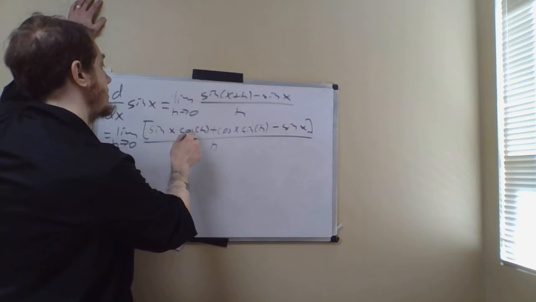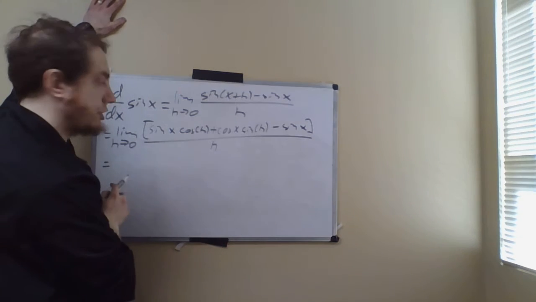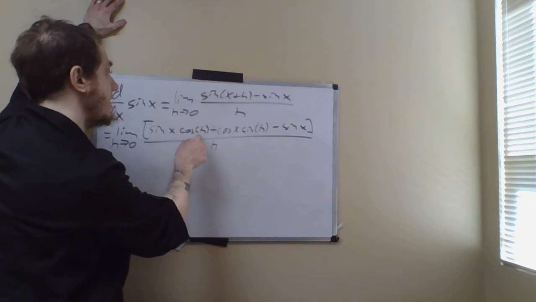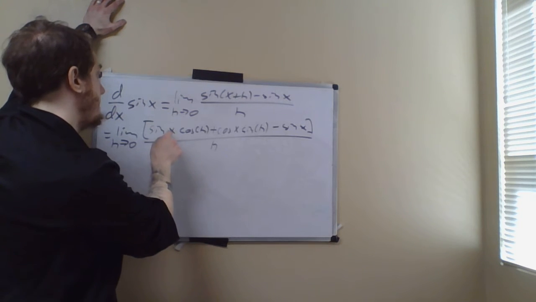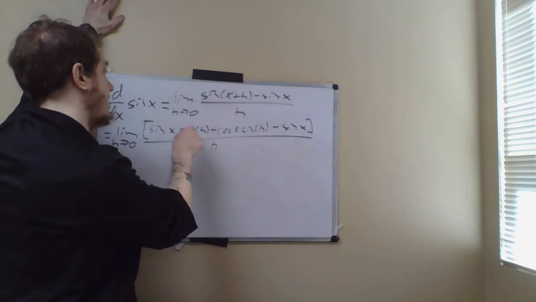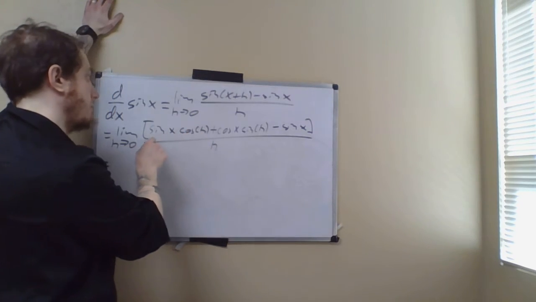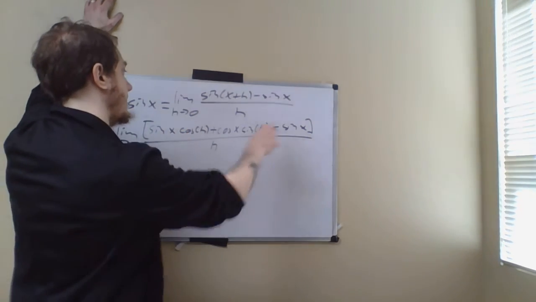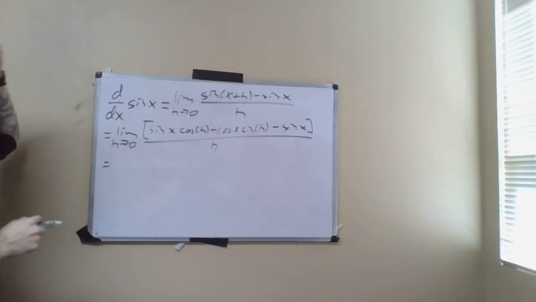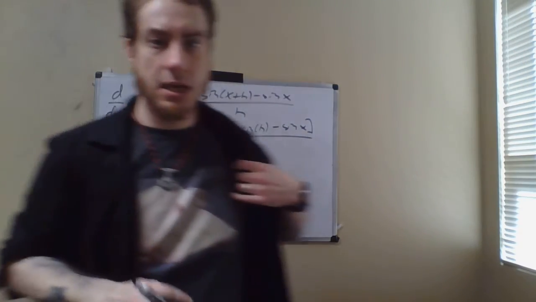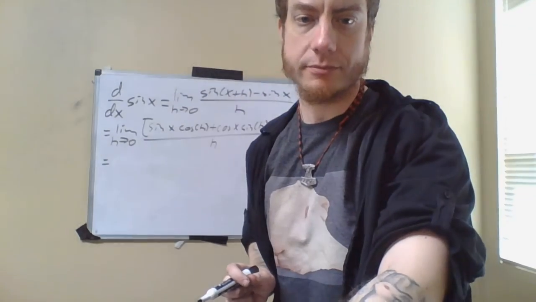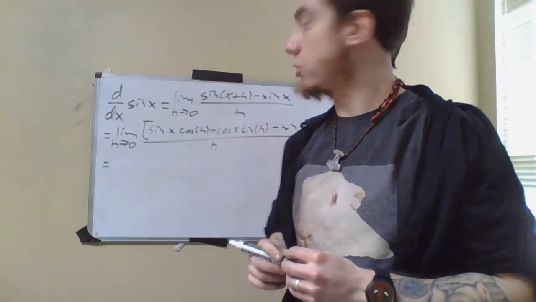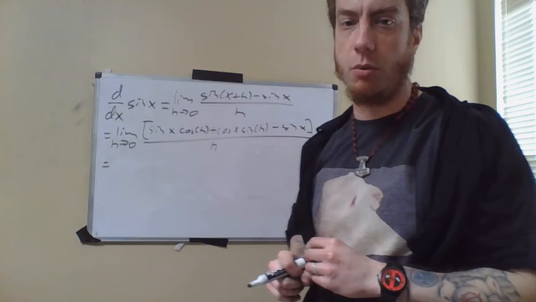So, here's what we're going to end up with then. As h goes to 0, because the trig functions are continuous, cosine h is approaching 1. And that means that this sine x times cosine h is approaching sine of x. So sine x minus sine x, this is going to 0. That part is something that we're going to be able to deal with in a moment.